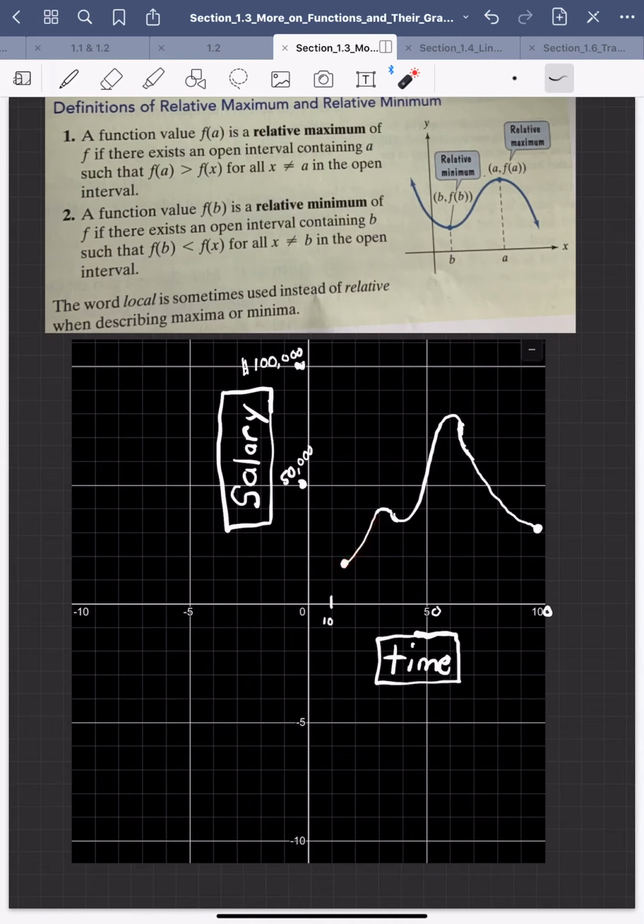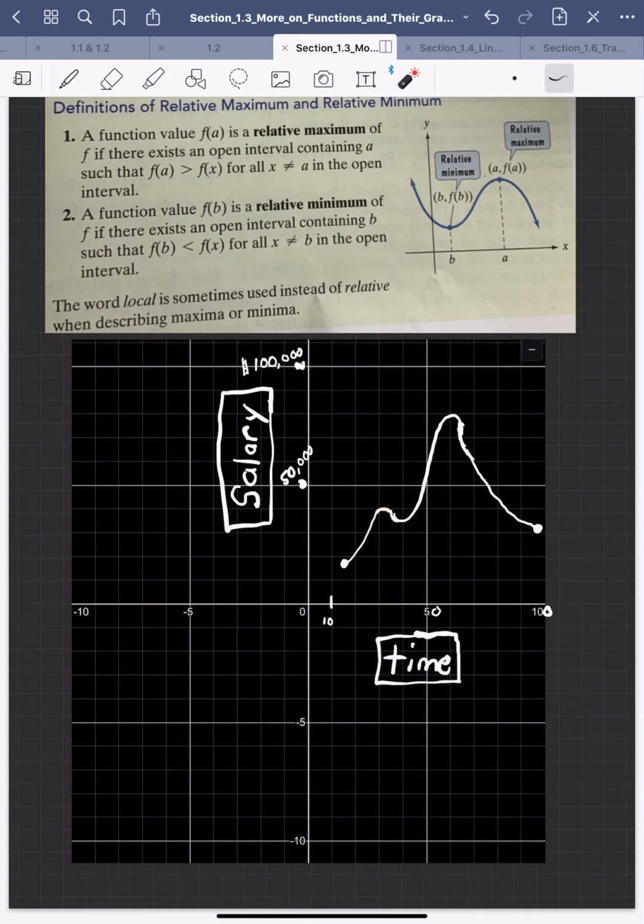Now, notice something happened right here. Will you agree with me that if this is you or someone you know, at this age right here, they were making the most money they ever made in their life up to that point.